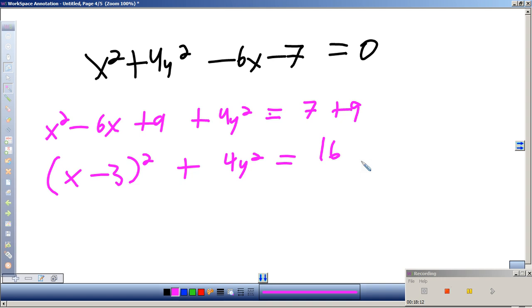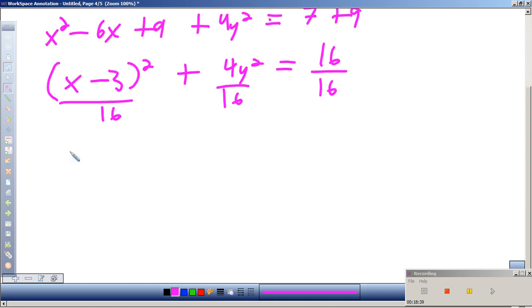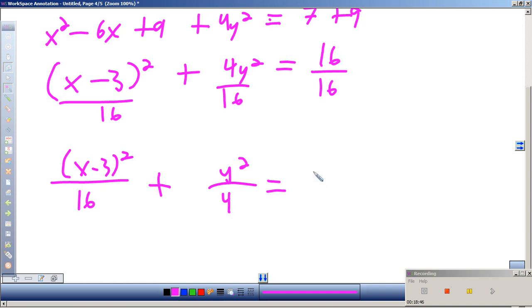Now since we know it's an ellipse, what do we need to have on the right-hand side? 1. So how am I going to get 1? You could get it by subtracting 15, however, that won't fit our formula. Right, divide by 16. So we're going to have x minus 3 squared over 16 plus y squared over 4 equals 1.